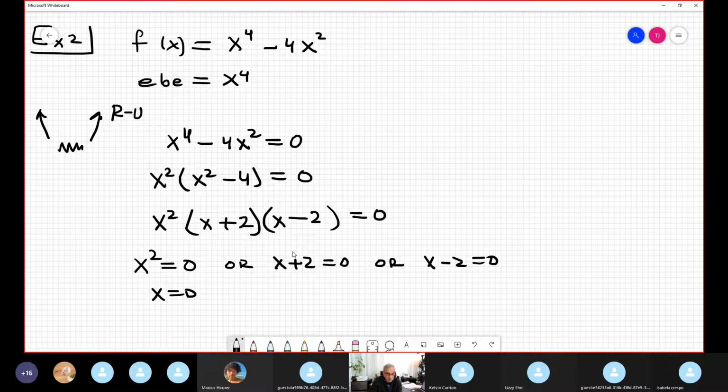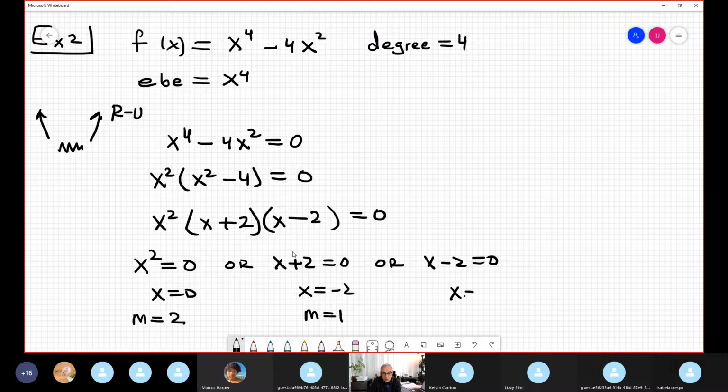But the multiplicity is 2. I forgot to say that the degree of this polynomial is 4, and the number of zeros always coincides with the degree. Then we have 4 zeros: 0 with multiplicity 2, negative 2 with multiplicity 1, and positive 2 with multiplicity 1.